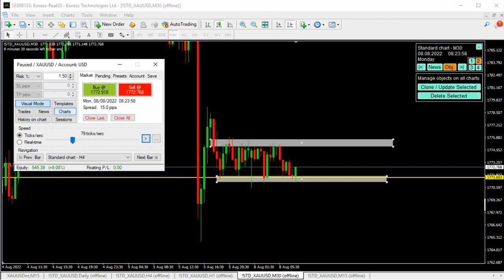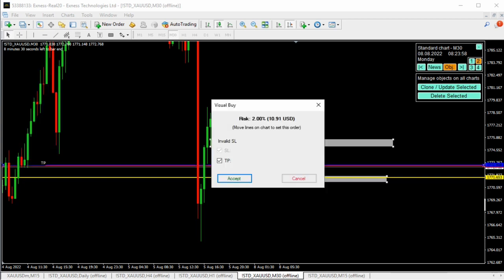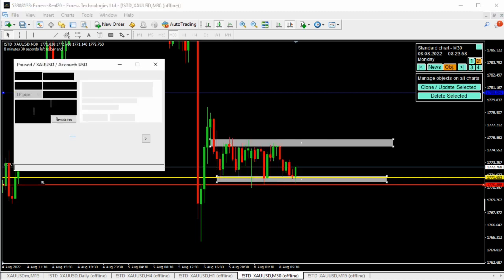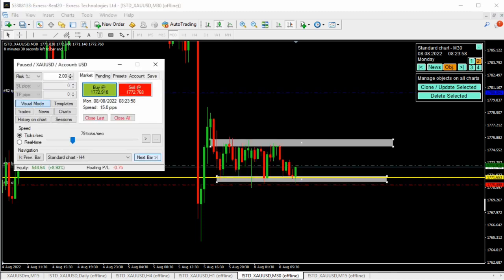Now, we're already up about 9%. I'm just gonna risk about 2%. I'm gonna place my stop loss below this area of support right here. Accept, and then let's wait.